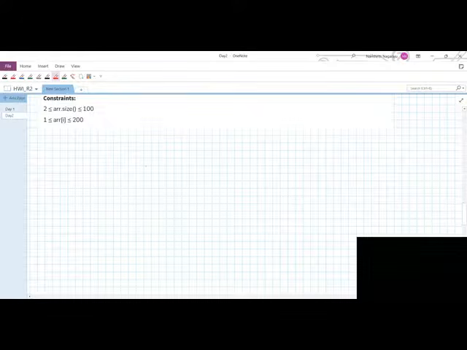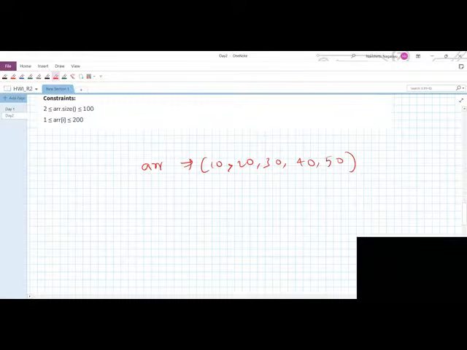If this is our array with 10, 20, 30, 40, and 50, the array index will start from 0. You all know that: 0, 1, 2, 3, 4. And here, what is the size of the array? Size of the array is equal to 5.